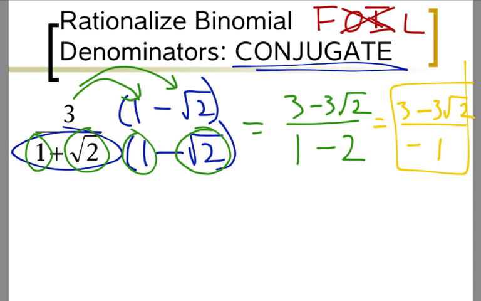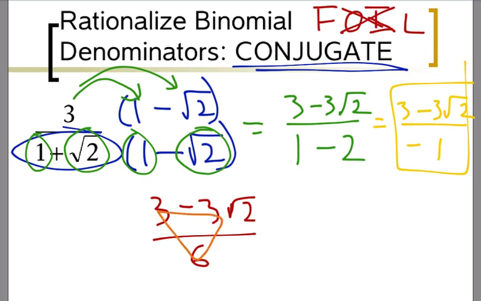Now, if it were possible to simplify, so this is my final answer, but let's just say, for the sake of you having a problem like this in your homework, you had 3 minus 3 square root of 2, and let's just say it just so happened to be a 6 or a 3 or something like that on the bottom. You have to do what I call a Dorito problem. It's called a Dorito because it makes a triangle, and I use orange, so this is a nacho cheese Dorito problem, and I want to divide all of them by whatever number they have in common.